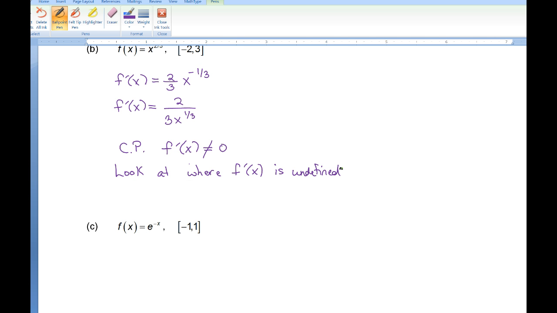So now we're looking at, when is 3x to the 1/3 equal to 0? Well, this implies x is equal to 0. Why is that? Well, let's say it's 3 cube root of x equals 0, so divide by 3, cube root of x equals 0, cube both sides, x equals 0.